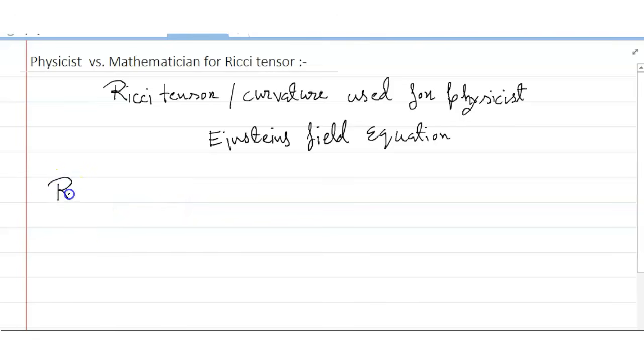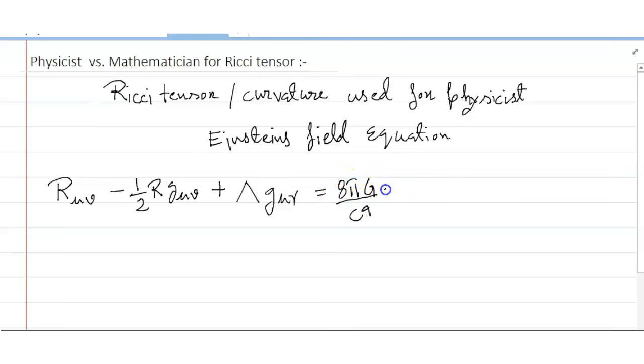R mu nu minus half R g mu nu plus lambda g mu nu is equal to 8 pi G divided by c to the power 4 T mu nu.